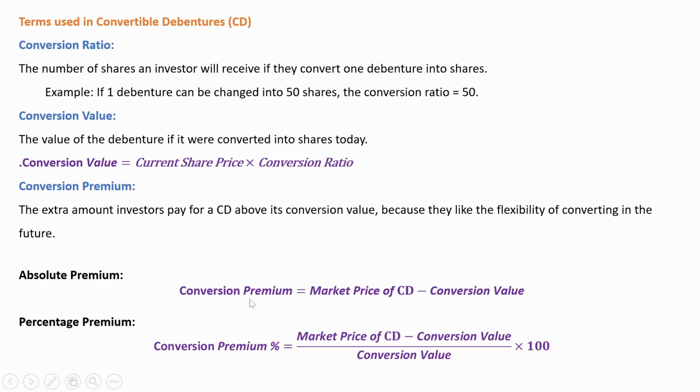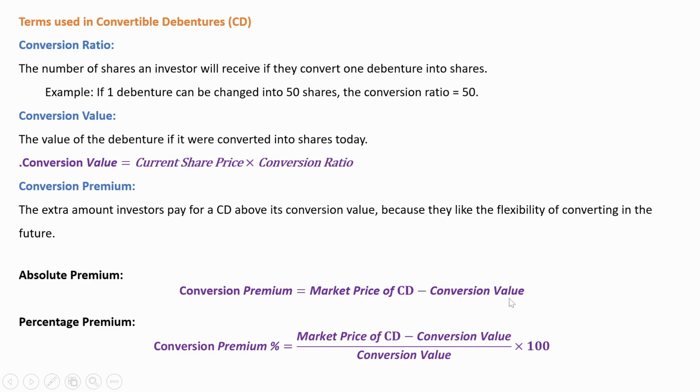Conversion premium is equal to the market price of convertible debenture. That one should be provided in the question. It is the current selling price of one debenture. If the debentures are being traded in the capital market, then you take the price that the debentures are being sold at in the current stock market.